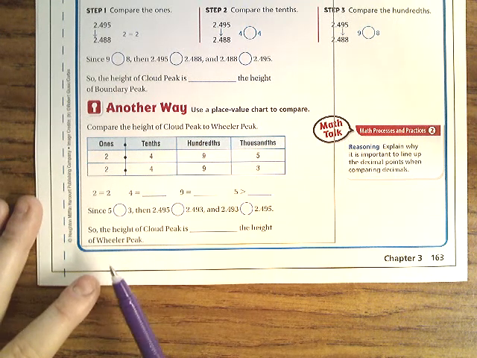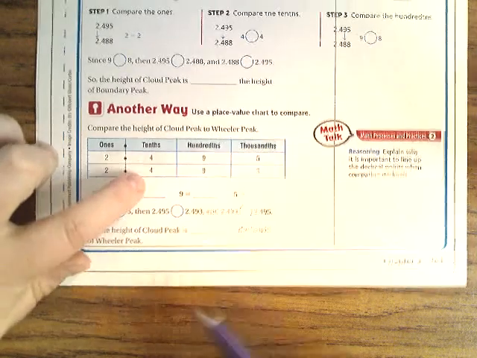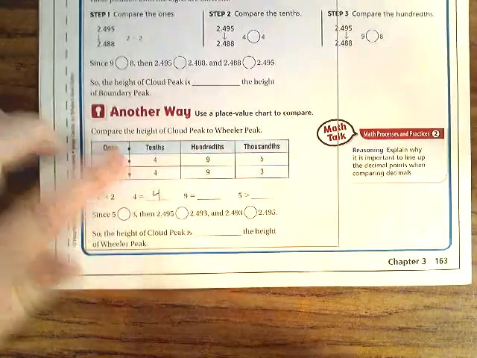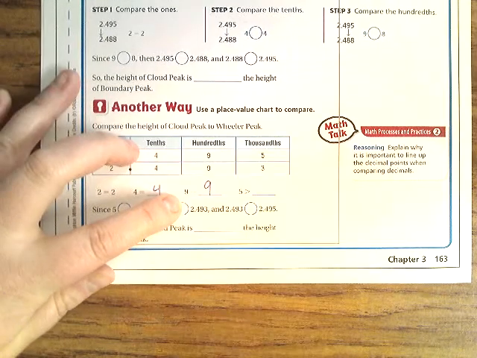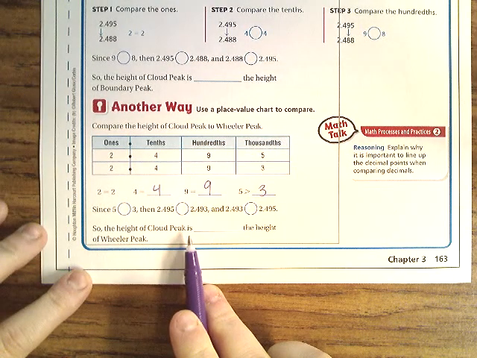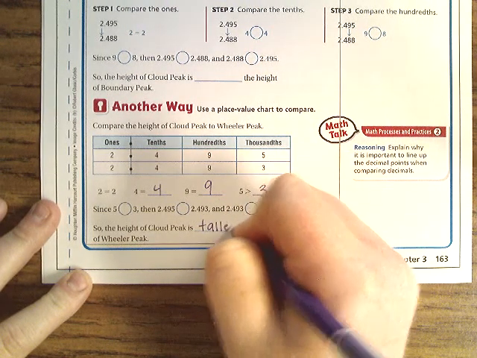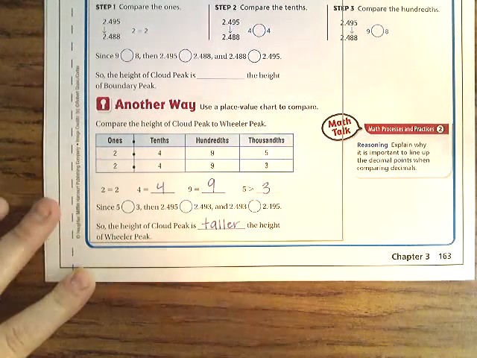Okay, that's why they're different. So you look at it and you go, okay, we have 2 and 2, which are equal, 4 and 4, which are equal, 9 and 9, which are equal, 5 is bigger than 3, so the height of Cloud Peak is taller than the height of Wheeler Peak.